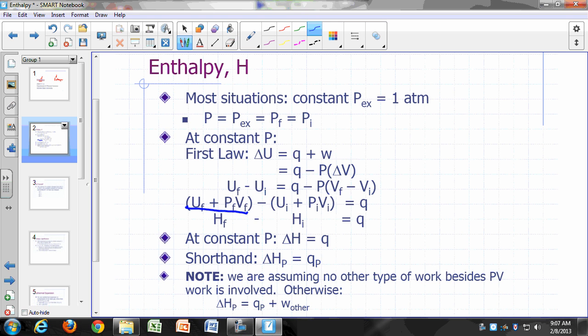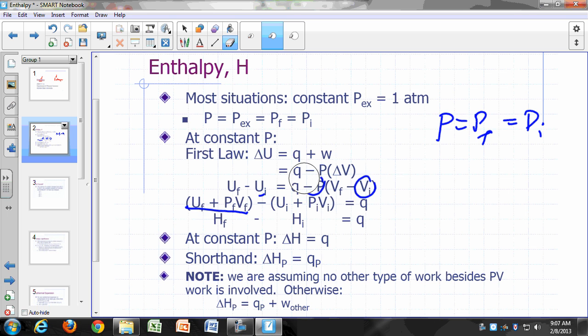And I'm going to put together all the initial stuff. So U initial, P initial times V initial. Remember, P is the same thing as P final, is the same thing as P initial, right? So I'll put them together and I get this expression right here. I get U final plus P final V final minus U initial plus P initial V initial is equal to Q. Okay?